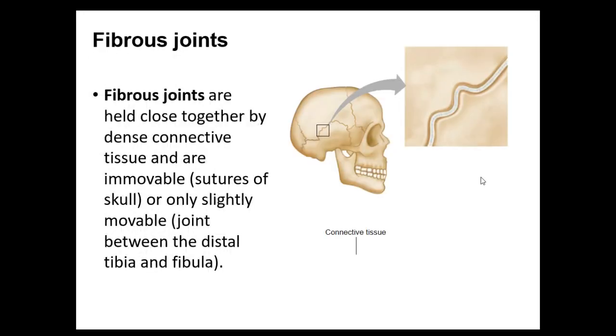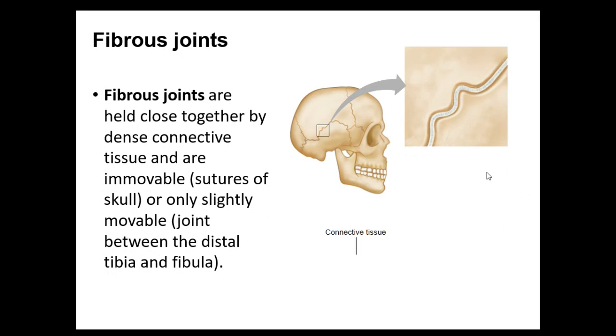So fibrous joints are held closely together by dense connective tissue. And some of these fibrous joints are immovable, like the sutures that hold the bones of the cranium together.